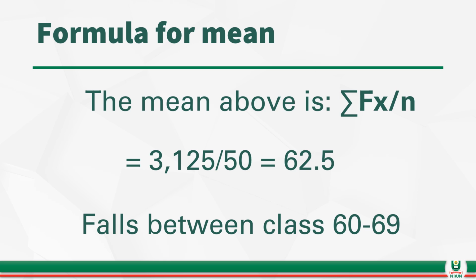The formula for calculating the mean is sigma fx over n. Of course, sigma fx, which is the summation, is 3125, divided by the total frequency of 50, will give us 62.5. So the mean falls between class 60 to 69. So our working mean or assumed mean is 62.5.